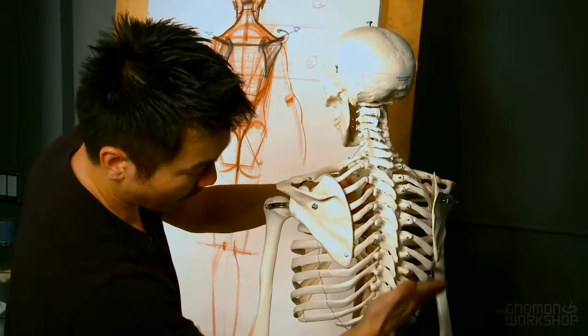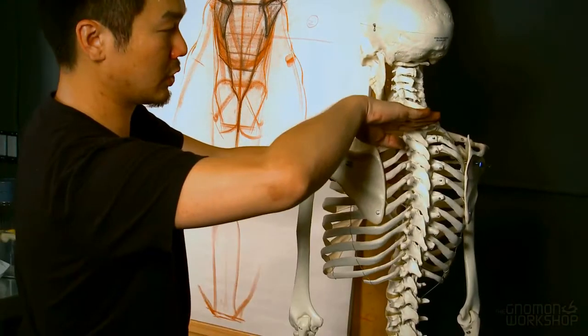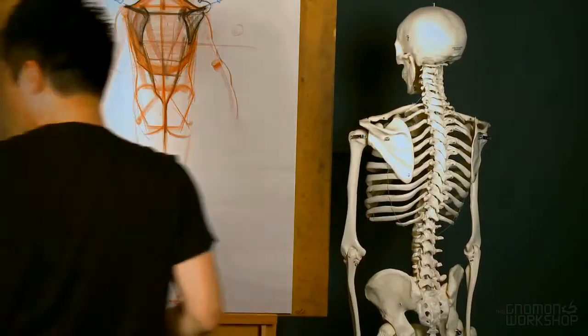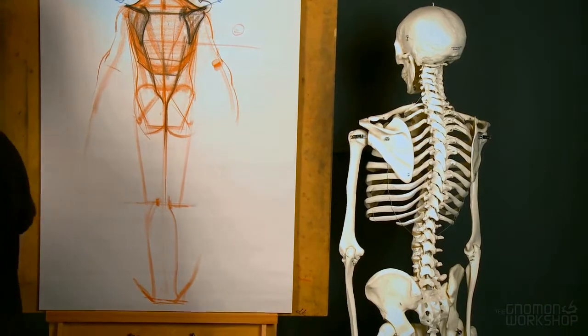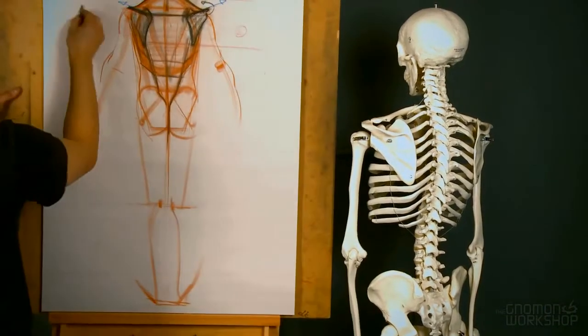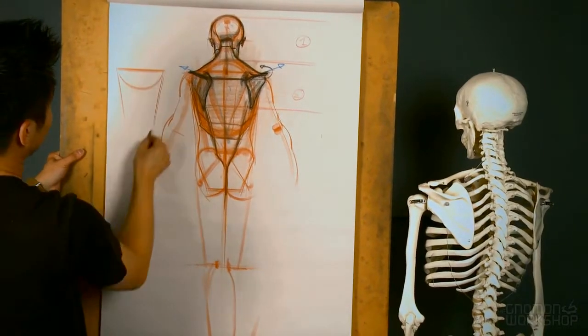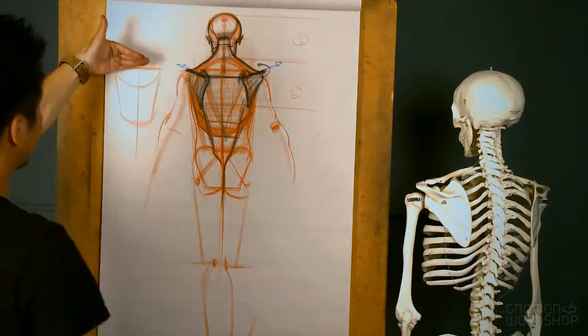So on the bottom of the rib cage, it's going to get darker, because imagine you're looking at a half cylinder. We're going to be looking at a cylinder that looks like this. It comes up.